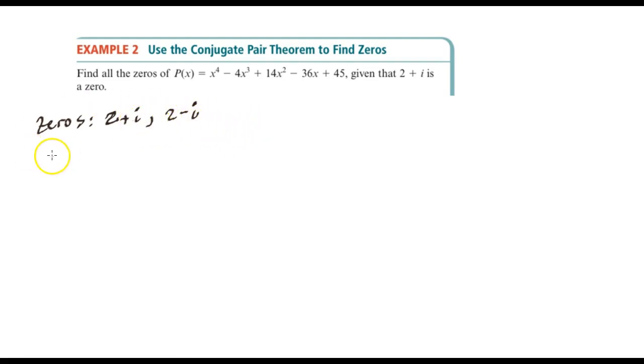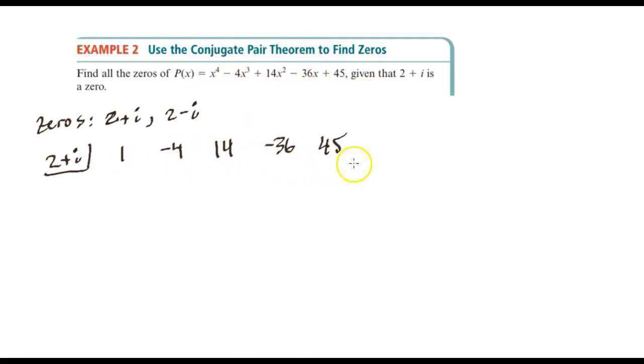We have 2 plus i, and we're going to have 1 and negative 4, 14, negative 36, and 45. We're going in descending order and we didn't have any skipped terms, so it goes 4, 3, 2, 1, and 0.